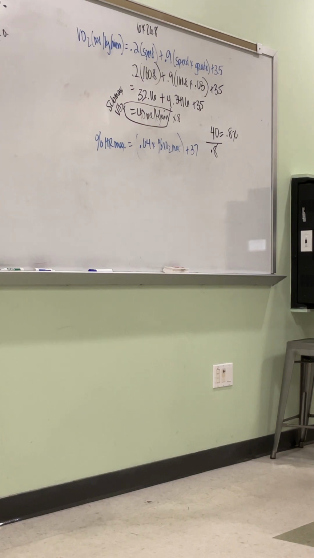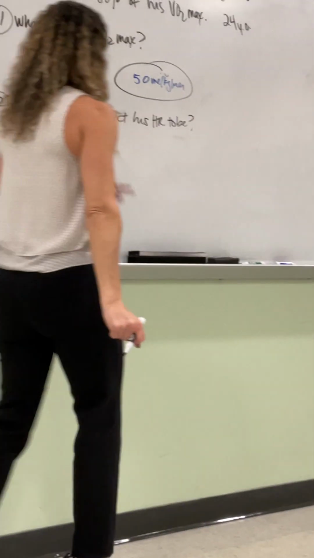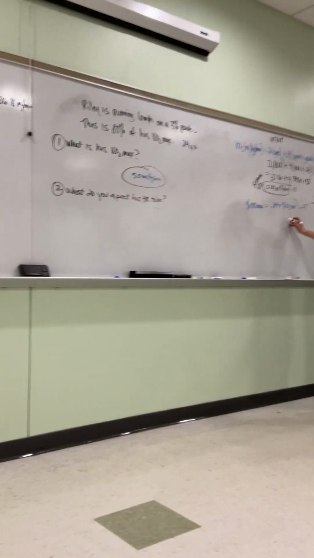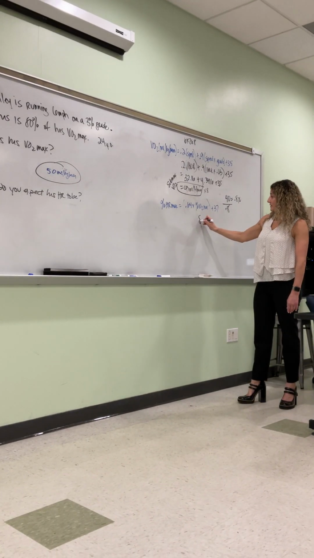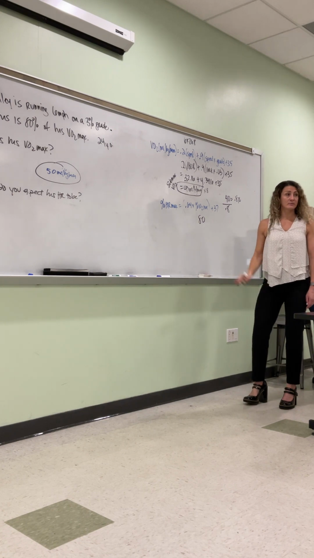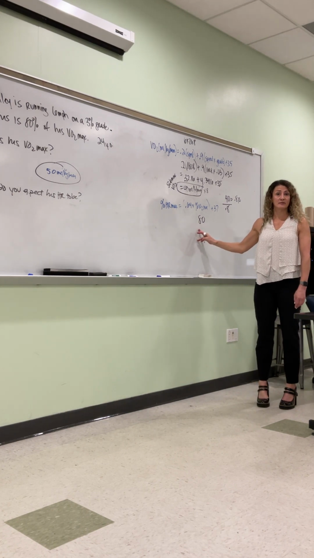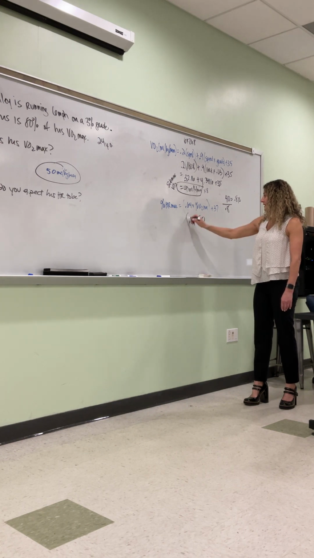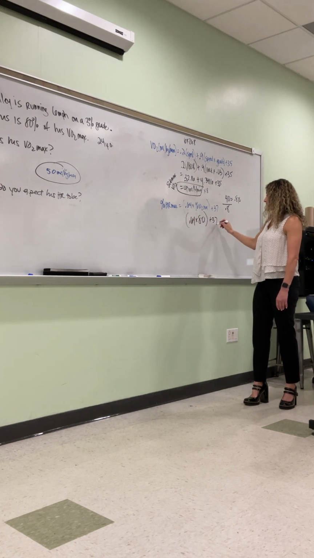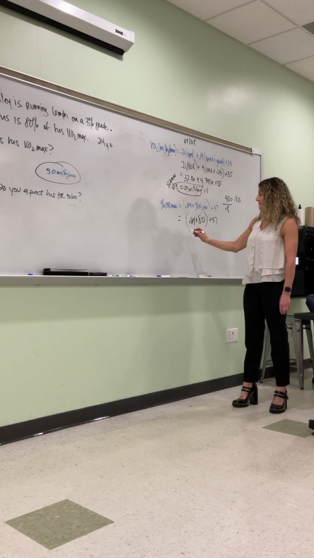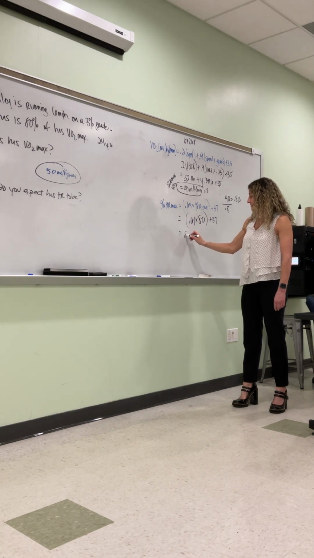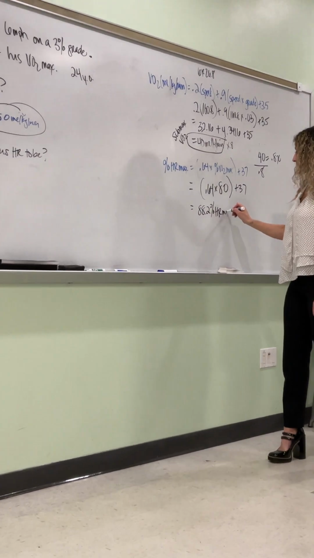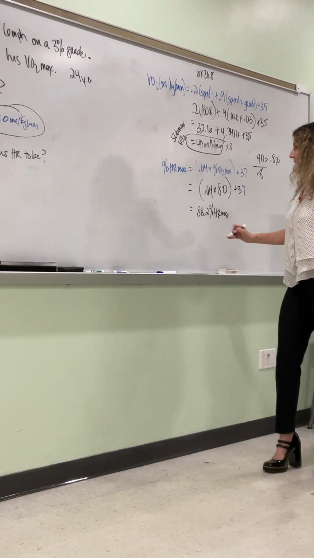Okay, so the heart rate one, what do we plug in? Percent. 80%. We're gonna plug in 80 for the VO2 max. Remember, for this formula, we use whole numbers, not decimals. So I gotta do 0.64 times 80 plus 37, and what does that tell us? 88.2% heart rate max, but we need to figure out his heart rate max.